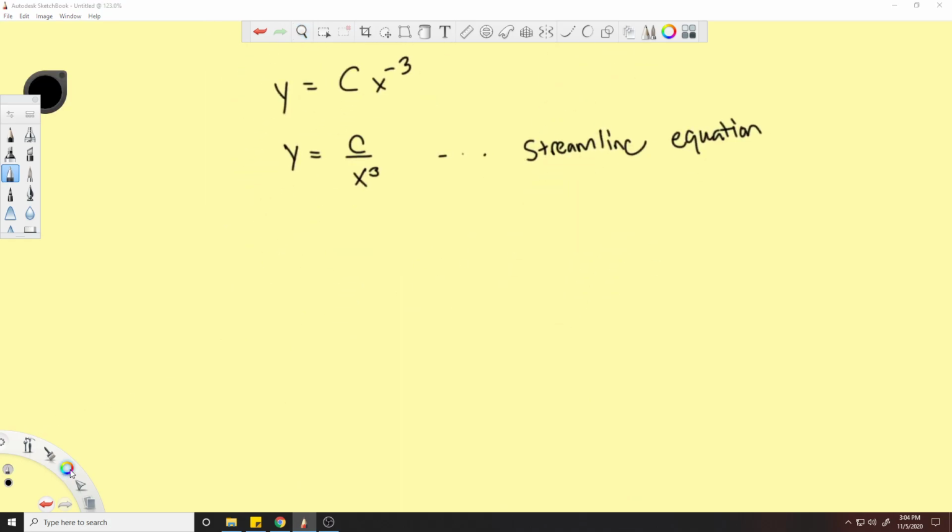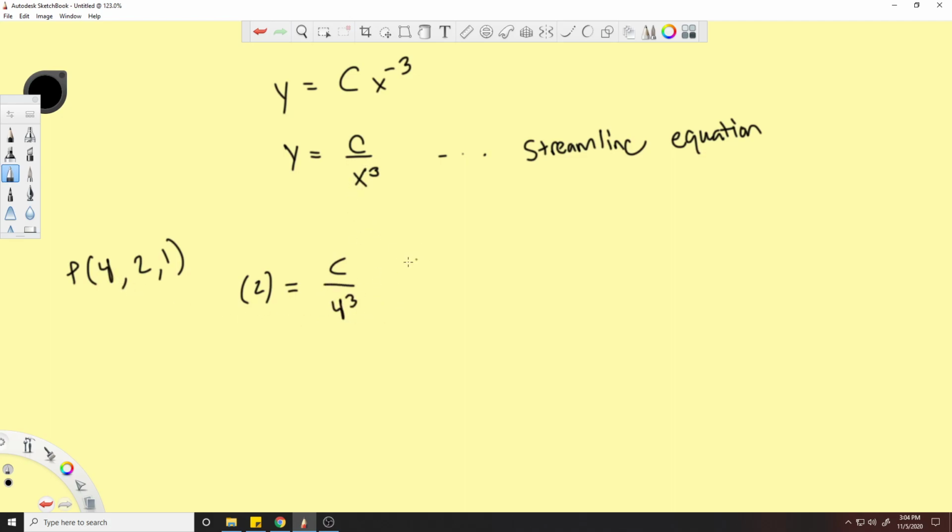To do that, we just plug in points. So y is going to be 2, c is still unknown, and this 4 is going to be 4 cubed, because that's the x component. We're just plugging in the x component.